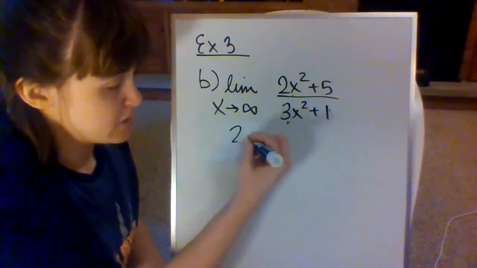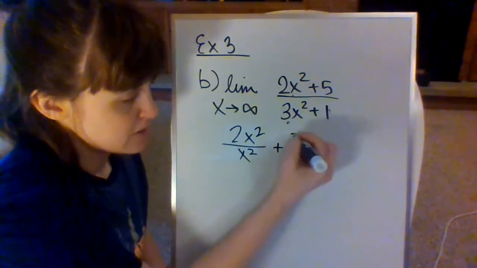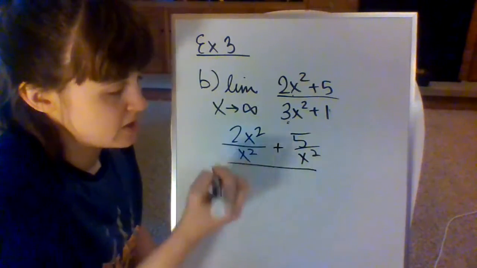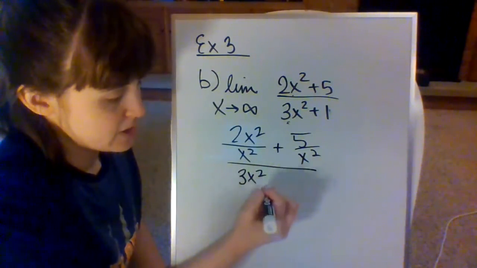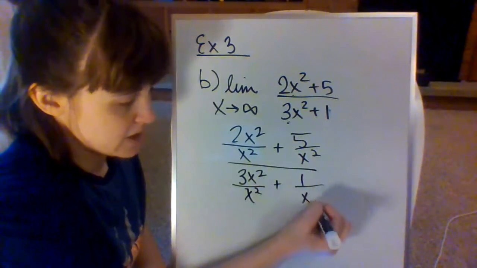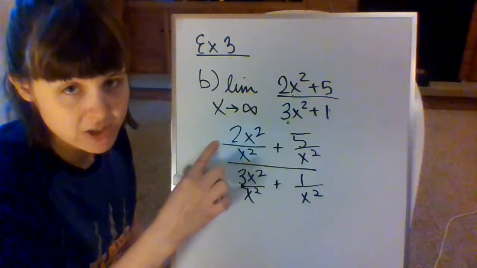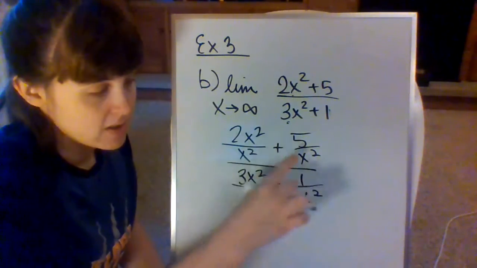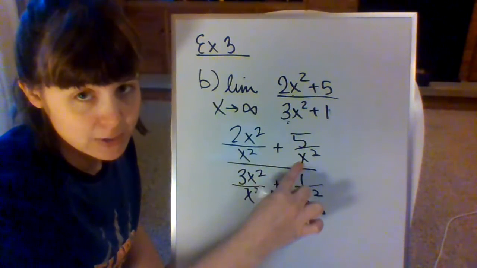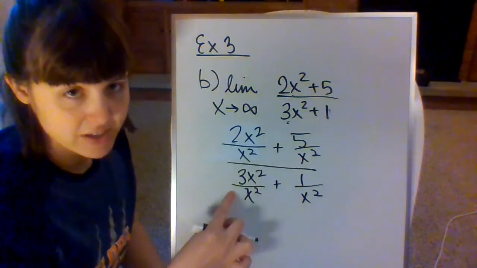Okay, so 2x squared over x squared plus 5 over x squared, 3x squared over x squared plus 1 over x squared. Okay, now this simplifies to 2. This part, when you plug in infinity, is going to become 0. This simplifies to 3.